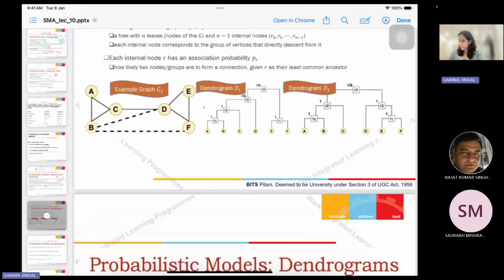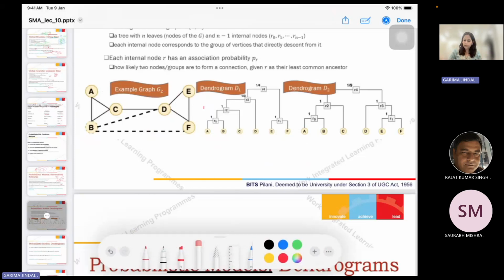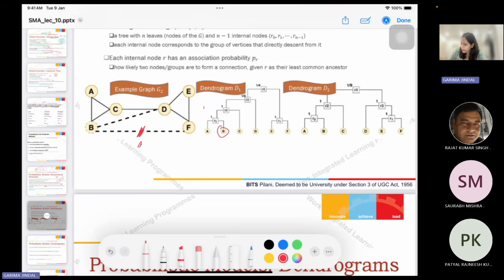Let us assume this is the graph that we have, and these are the two dendrograms that we have, and we have calculated the probability of each internal node. Now you want to calculate the probability score that an edge exists between B and F. So you have B and F here.